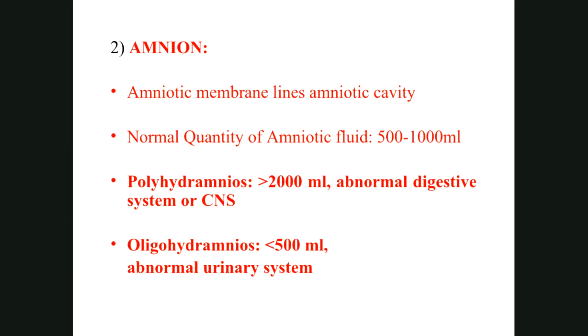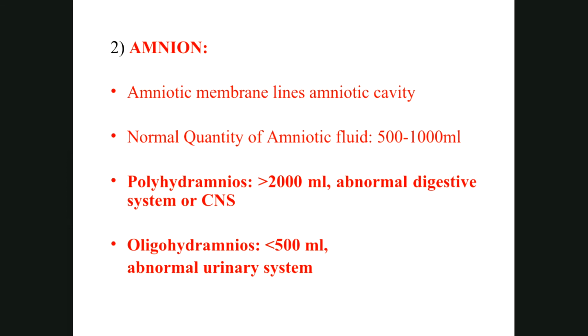If the quantity of amniotic fluid is more than 2000 ml, then it is known as polyhydramnios. Poly means large, so the quantity of the fluid is more. It gives us an idea that there is an abnormal digestive system, or an abnormal development of the nervous system, the central nervous system.